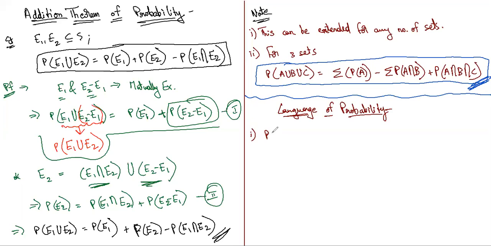Whenever the question is asking what is the probability that event A will occur or event B will occur, or even if they're asking at least one of A or B, in all cases you should use P of A union B.